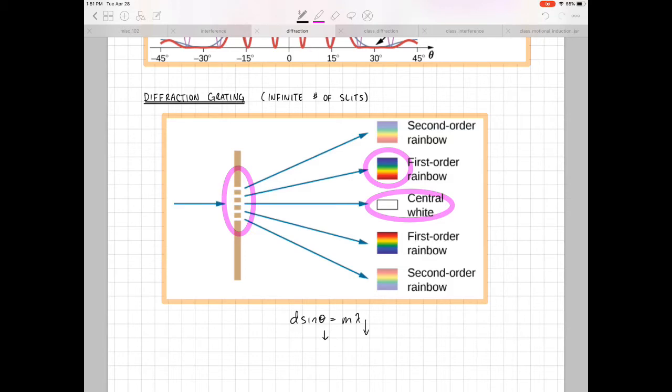So it should actually be violet on the inside and red on the outside. When the wavelength is longer, you need sine theta to be larger. That means a larger angle. And so the red should be on the outside in this figure. Unfortunately, the book has it reversed here.